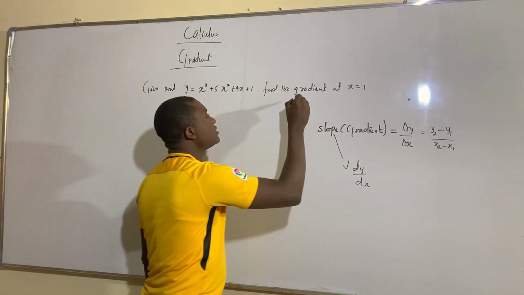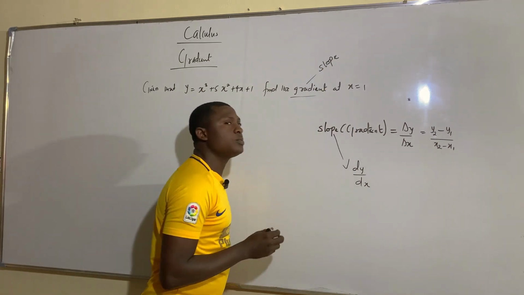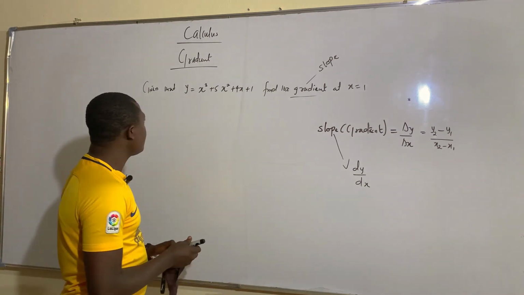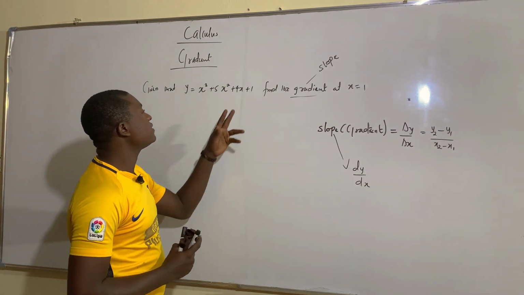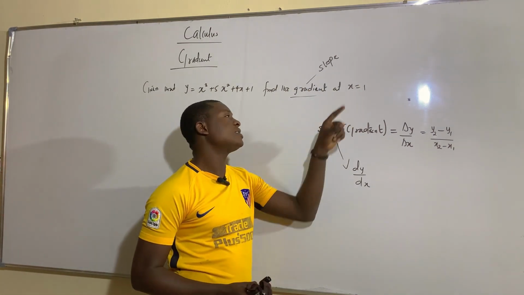They can say gradient or they can call it a slope. Please don't forget that; the two terms are the same. So, given that y is equal to x cubed plus 5x squared plus 4x plus 1, find the gradient or slope at x is equal to 1.